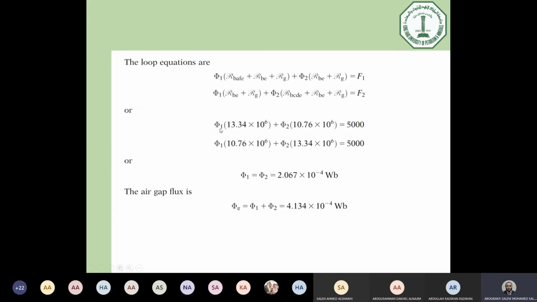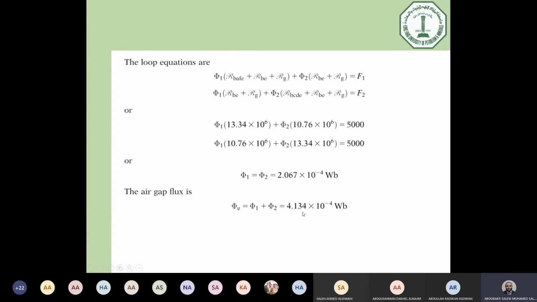So here we have only one unknown because phi1 equals phi2. So we can use only one equation to get the flux, and the final flux in the air gap, which is the required one, equals 2 multiplied by one of the two fluxes. So this will be the total flux moving in the air gap.